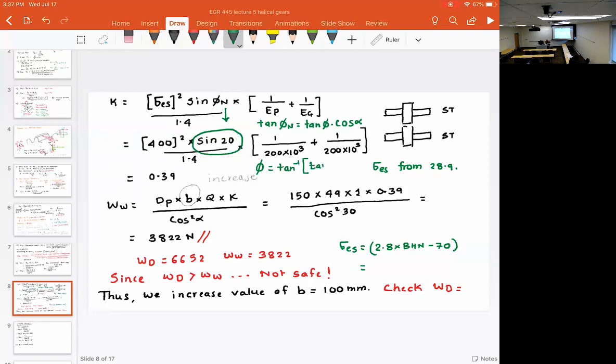tan 20 times cosine 30. Can you just quickly tell me this value?